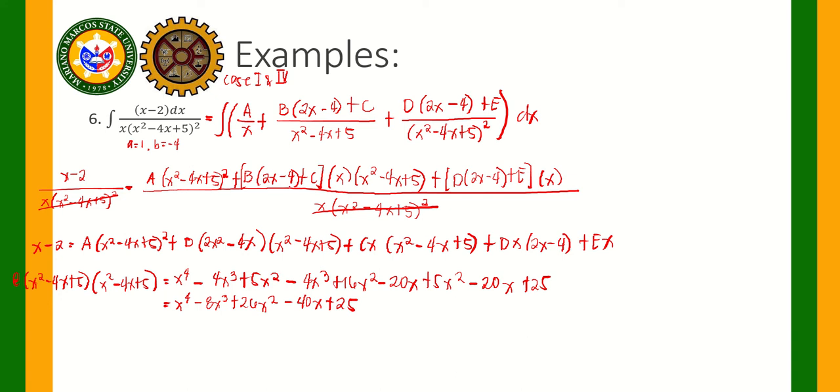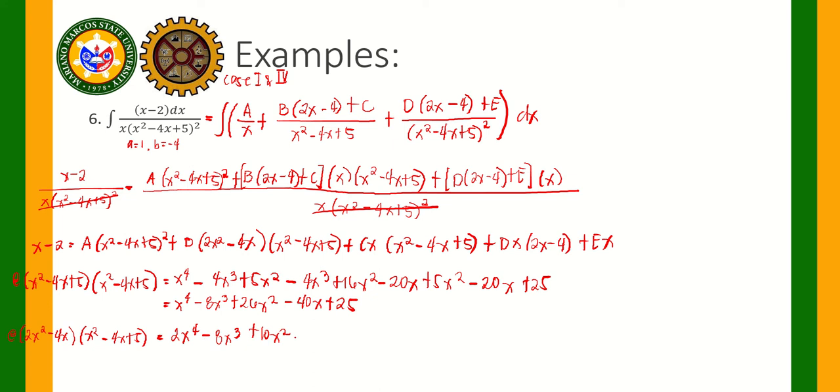Now, dito naman tayo sa part na to. This one. So, at 2x squared minus 4x times x squared minus 4x plus 5. So, ganun ulit yung gagawin natin. Si first term distribute natin and si second term distribute din natin. So, this will be equal to 2x raised to 4 minus 8x cubed and then plus 10x squared.